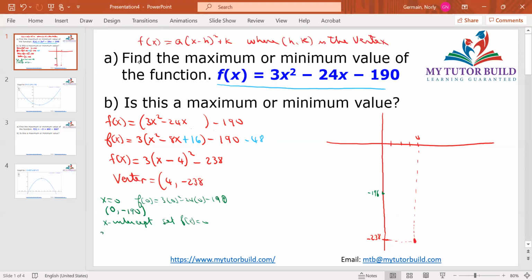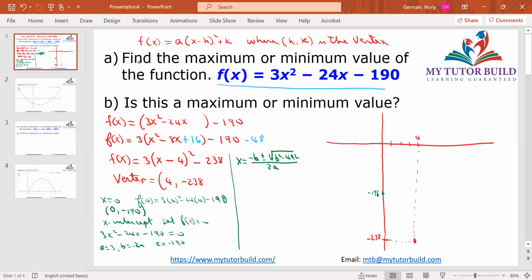So when I do 3x squared minus 24x minus 190 equal to 0, all I can do with this one is to use the quadratic formula, because that's the easiest one to use: x equals negative b plus or minus the square root of b squared minus 4ac, over 2a. Remember here, a is 3, b is negative 24, and c is negative 190.